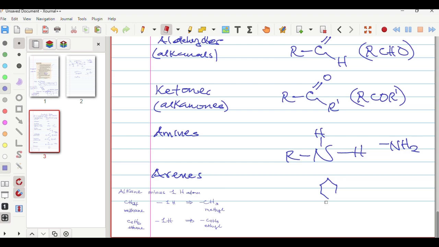You are correct about 7 because of this line, but it is 6 actually. So there's a carbon here, a carbon here, a carbon here, a carbon here, a carbon, and a carbon.